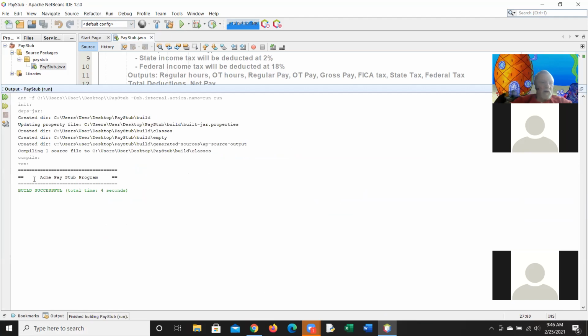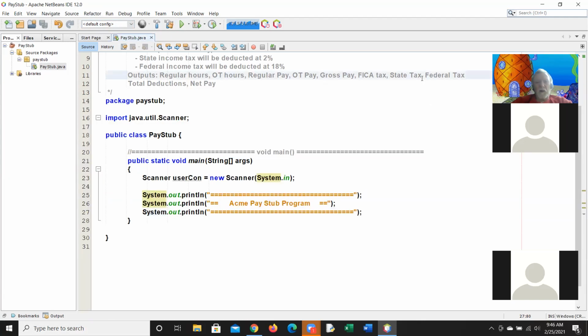Oh my gosh, that's the first time that's happened. These all line up. It's centered, sort of. So you might have to run yours a couple times if you have more spaces and just adjust it so it looks cool, right? All right, so there I got that.